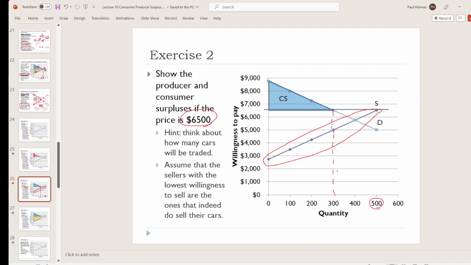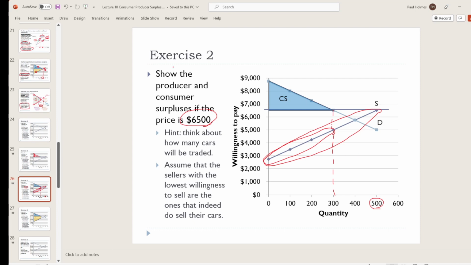Our assumption that we typically make here, in order to be as optimistic as possible about this government intervention, is to say that the people with the lowest willingness to sell actually sell. Those 300 people sell.